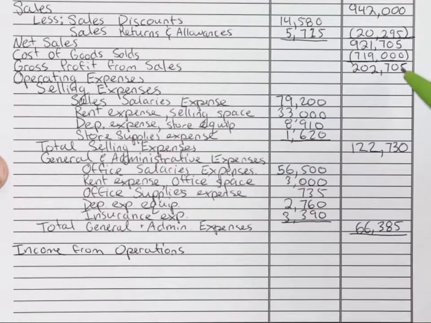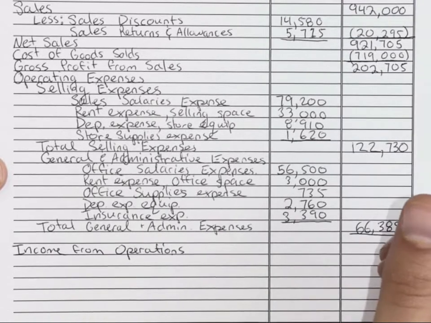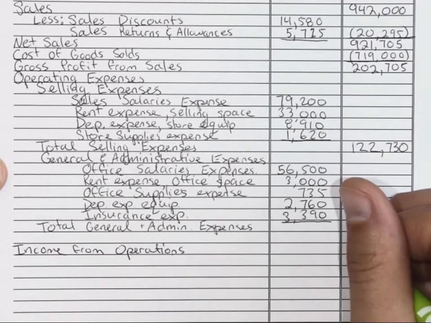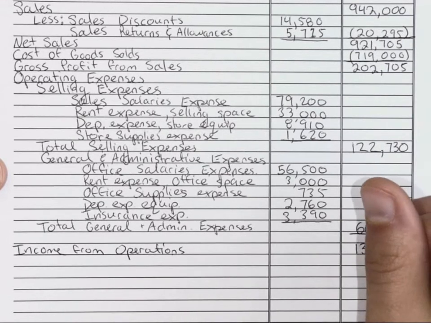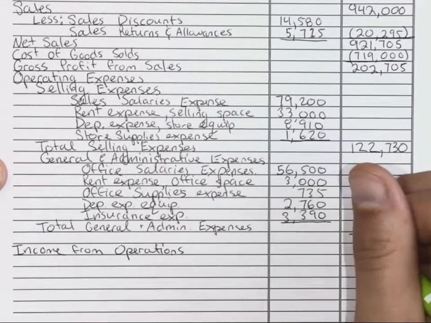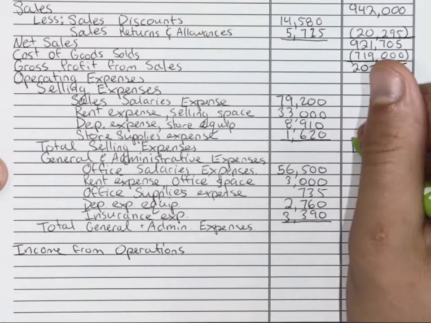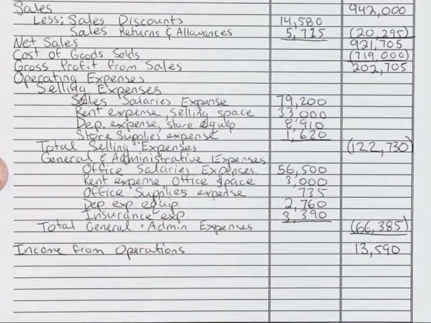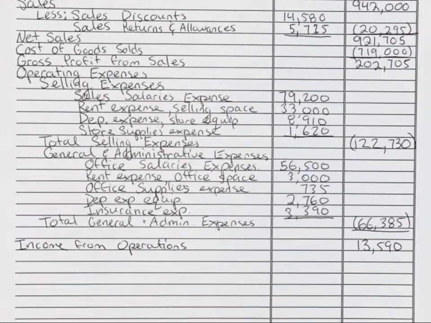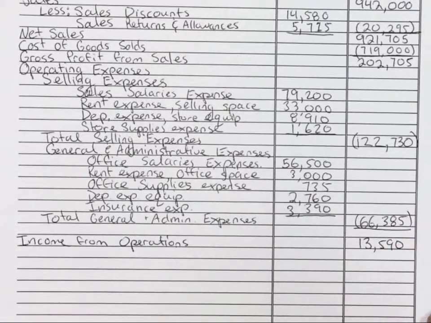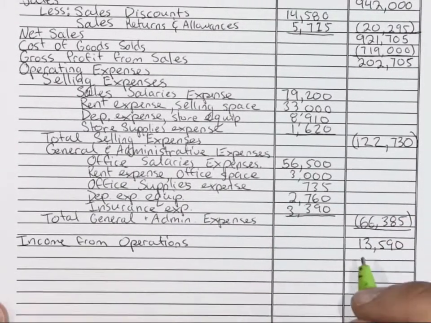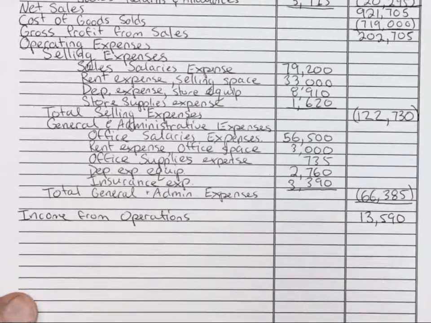And so what is 202 less these two amounts? You can put these in brackets if you like. $13,590.